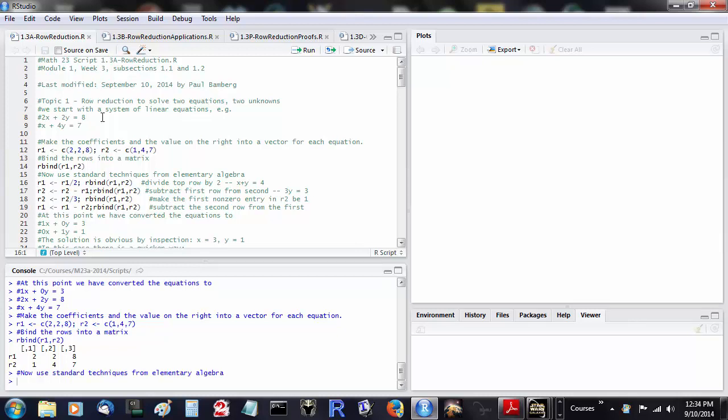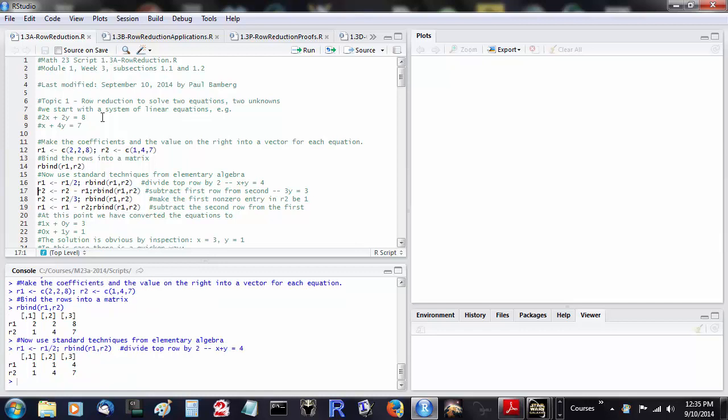Now think how you do these using elementary algebra. The obvious first step is to divide the first equation by 2, converting it into x plus y equals 4. And I can do that in R by dividing row R1 by 2. I display the result as a guide to what I should do next.